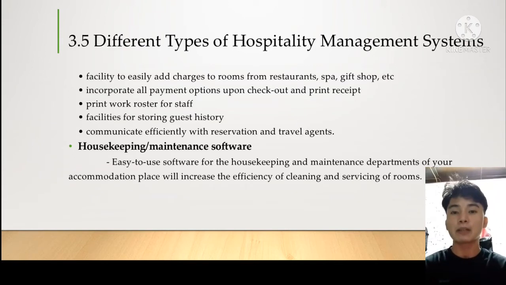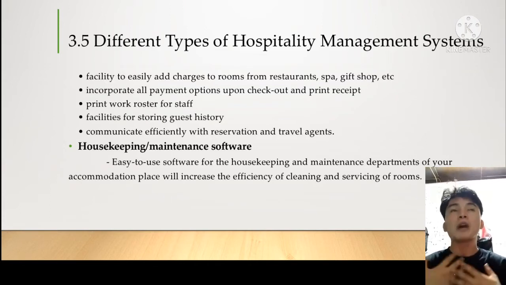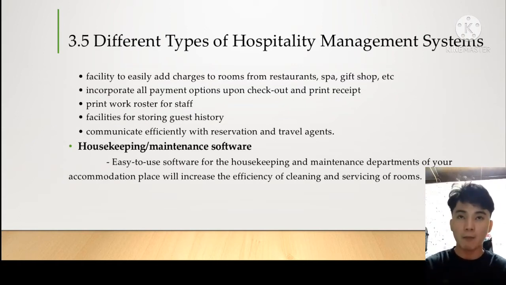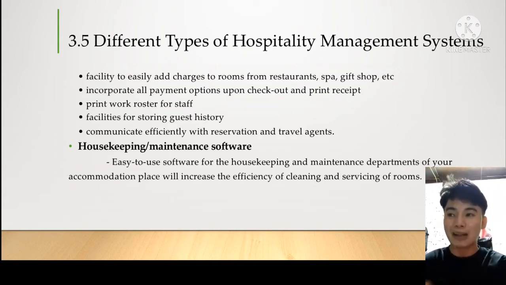Incorporate all payment options upon checkout and print a receipt. Of course, it is very important that upon checking out of the guest, you are able to give a receipt of their bills, because you would not like to confuse the guest about what they spent.